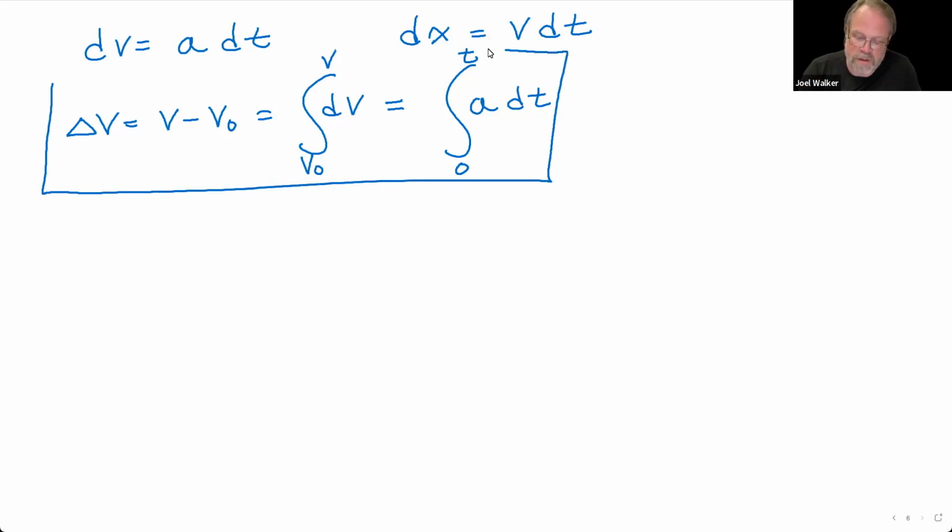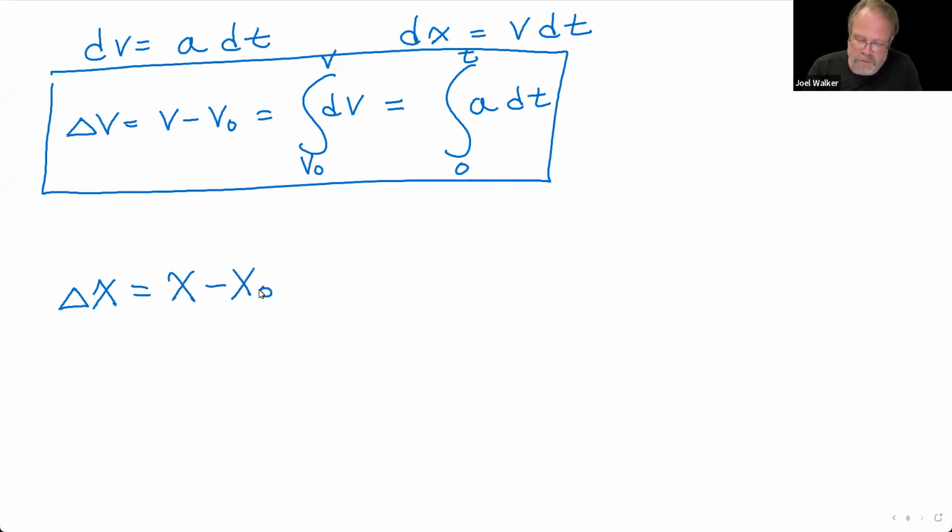The corresponding set of relationships for changes in position would say that the big change in position, in other words, the final position minus the initial position, is just the accumulation of small changes in position from your starting point to your ending point.